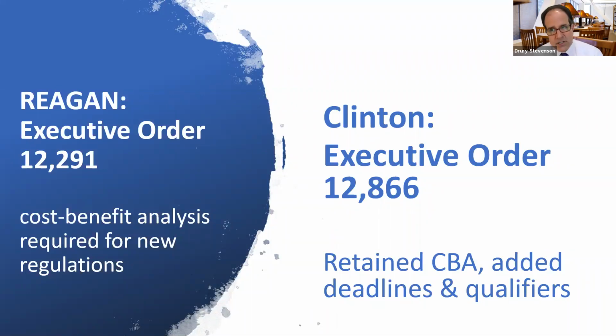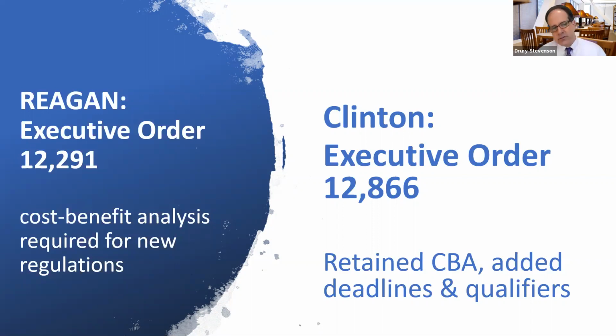There were some tweaks, though, and so we added some deadlines. Basically, if the OMB just doesn't do anything and ignores it after a certain number of months, like 6 months, the agency can just go ahead. And this stops the abuses of the OMB just pretending that they didn't even get the request.